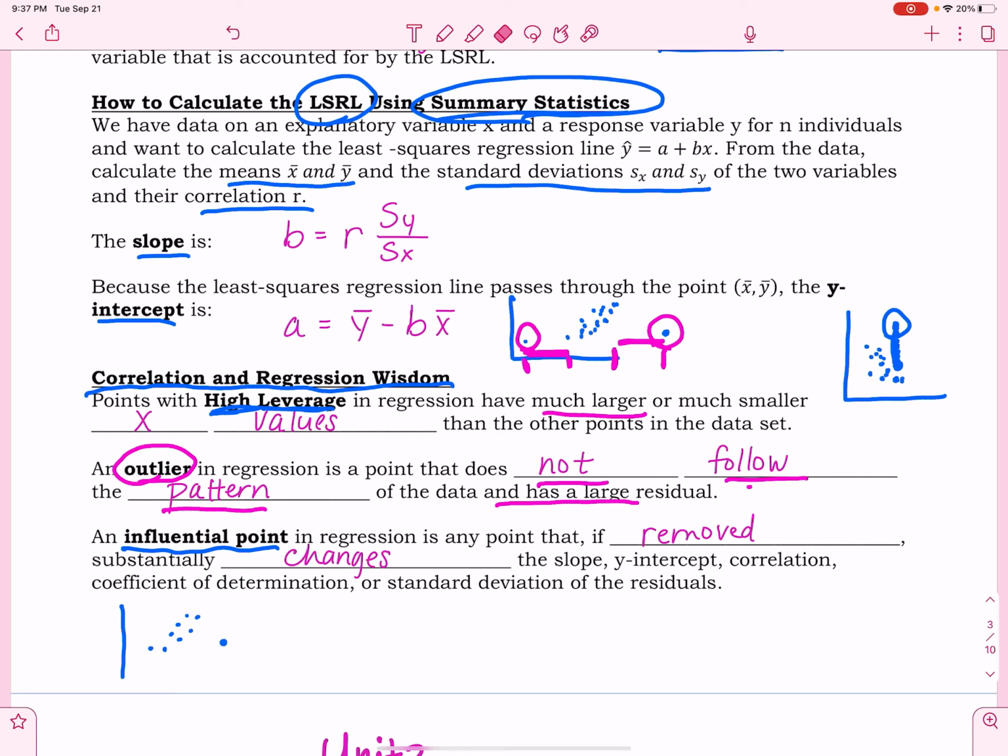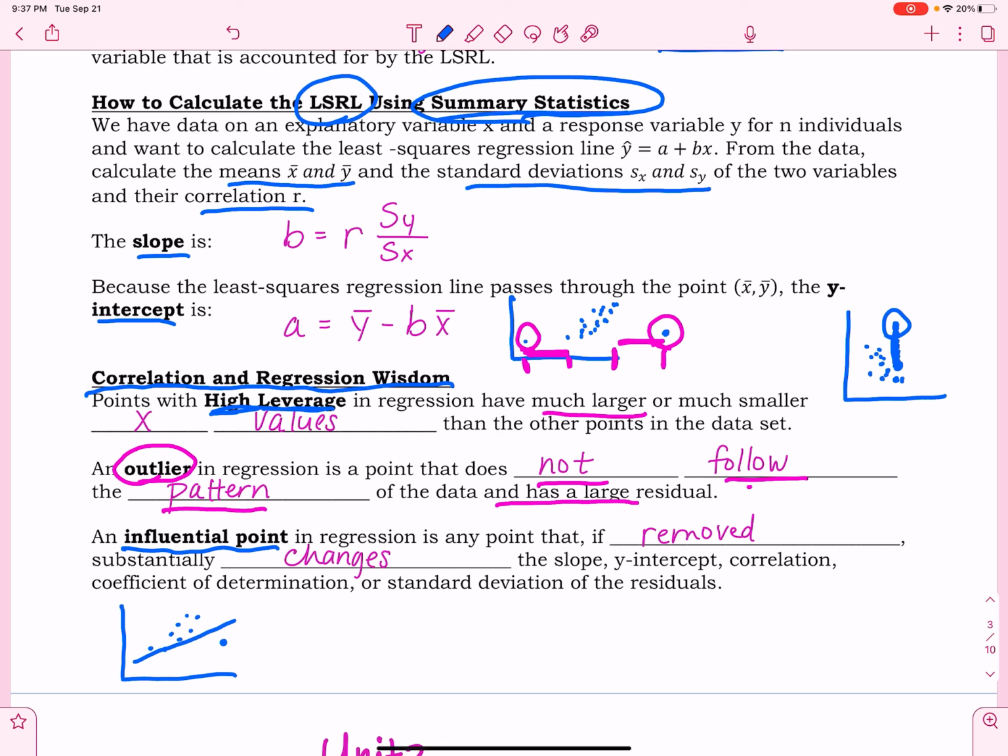I want you also to notice that should it be taken out of the data, it will affect the LSRL. So this point right here, because it's farther to the right than most of the other points, is outside the pattern of data and has a high residual. It is also going to be influential because my LSRL is going to be pulled toward that point.